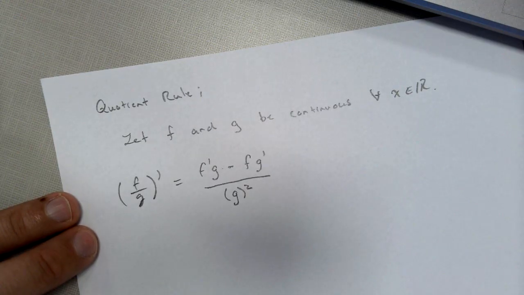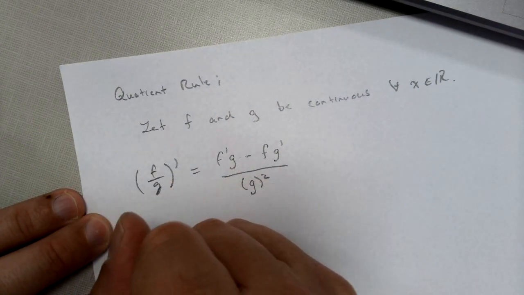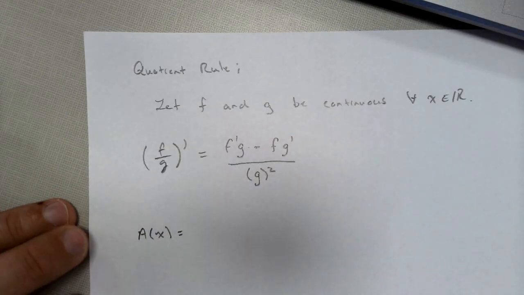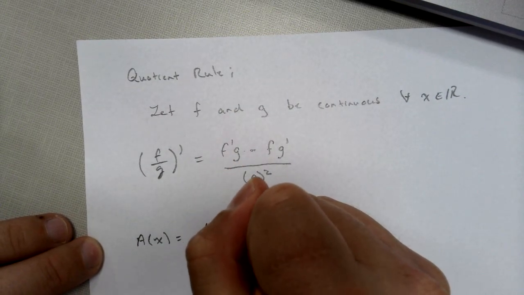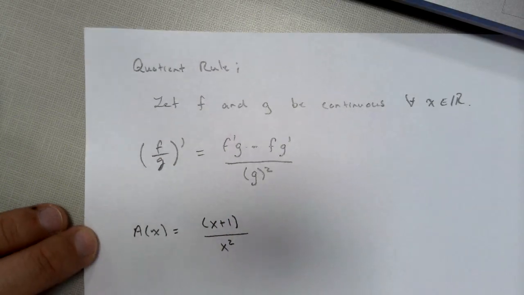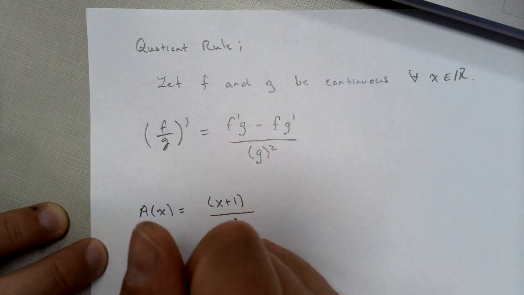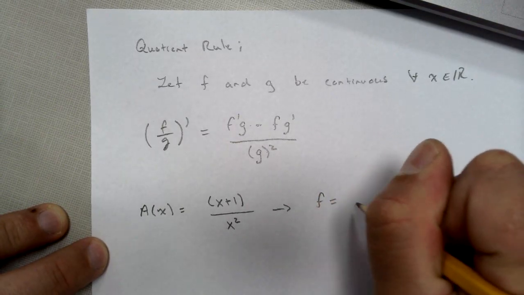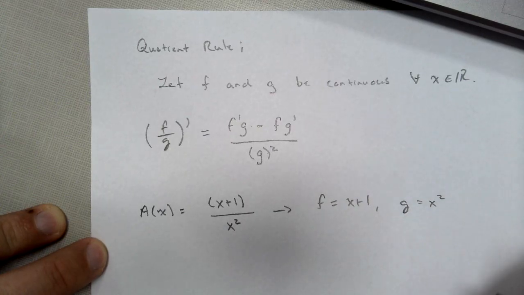So let's take a look at a function that requires us to use the quotient rule. So let's say we have a function a of x, and a of x is equal to x plus 1 divided by x squared. Let's define what our f and g are going to be. f will be equal to x plus 1, and g will be equal to x squared.